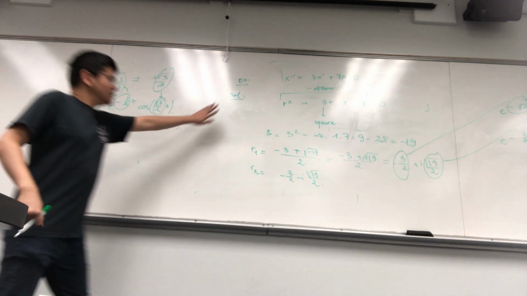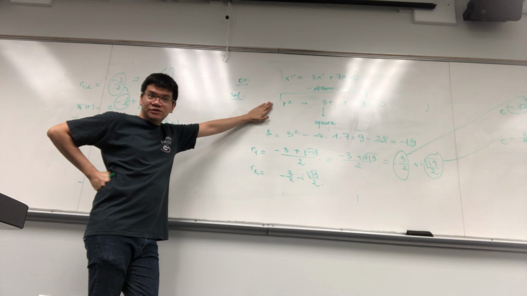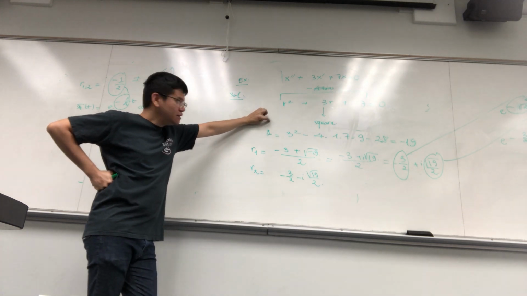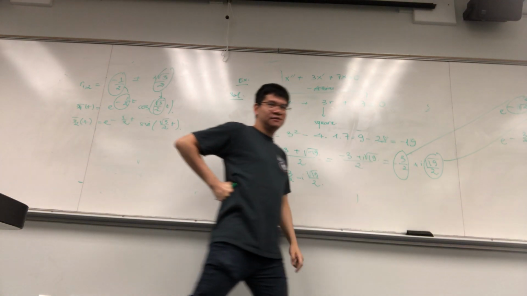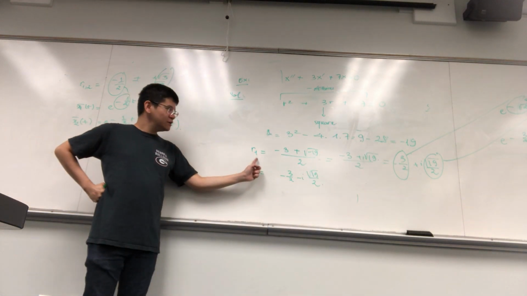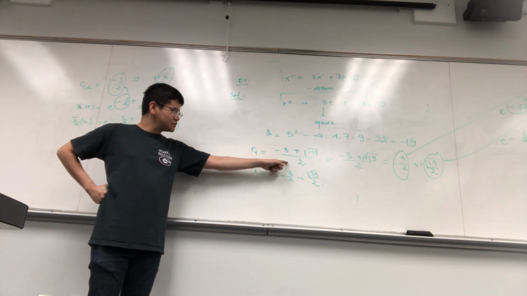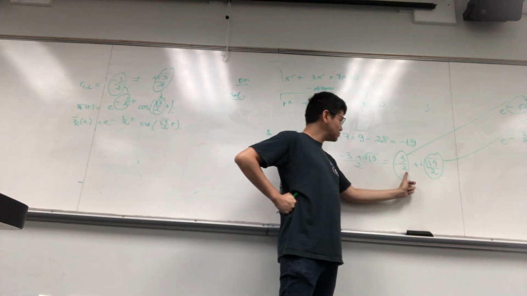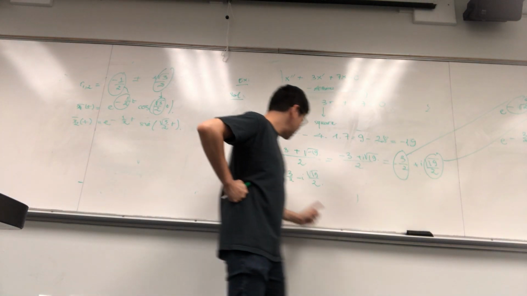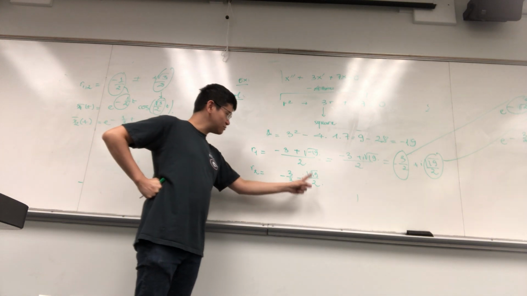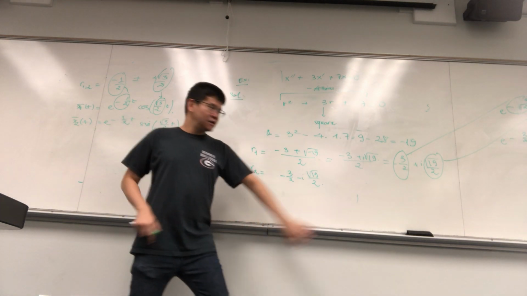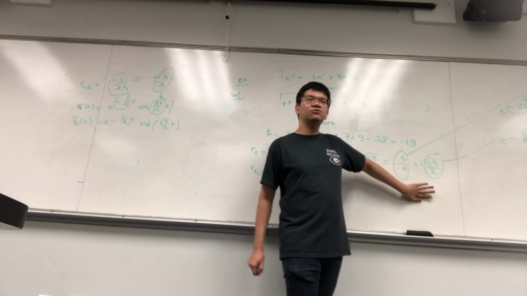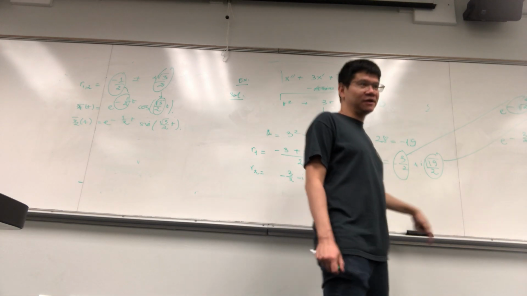I'll explain again. In this case, you have the characteristic equation, which is r squared plus 3r plus 7 is 0. The delta gives you minus 19. So r1 gives you minus 3 over 2 plus square root of minus 19 over 2, which is minus 3 over 2 plus i square root 19 over 2. The other one is minus 3 over 2 minus i square root 19 over 2. Now you look at the coefficient of the real part and the imaginary part. In the imaginary part, you don't care about the sign because you have plus and minus.